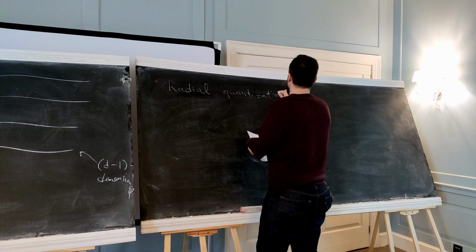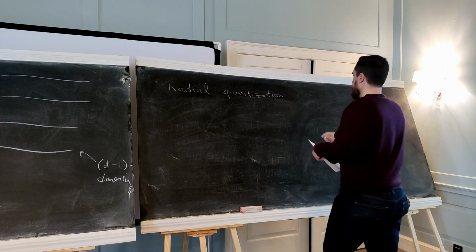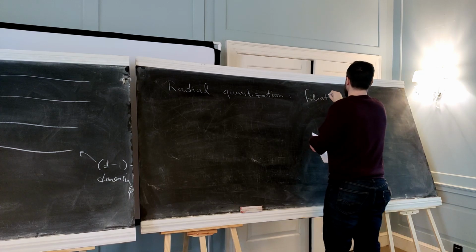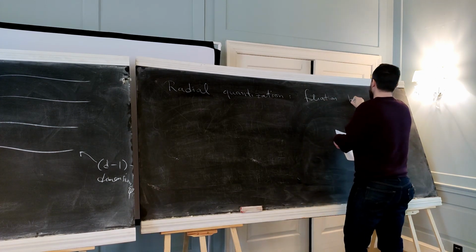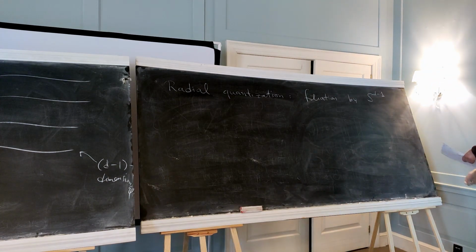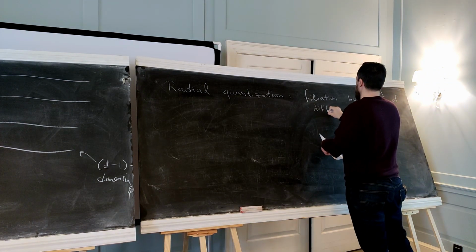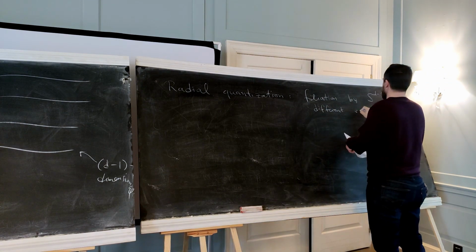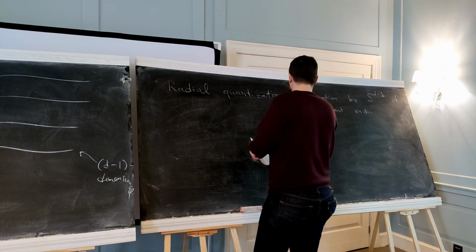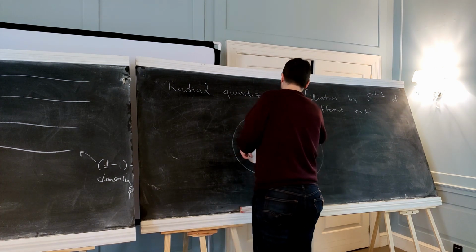So instead of talking about things like equal time commutation relations and so on, we will have this radial quantization, which corresponds to a foliation by d-1 dimensional spheres of different radii. So here is a point, and we're going to foliate in this way. Okay?